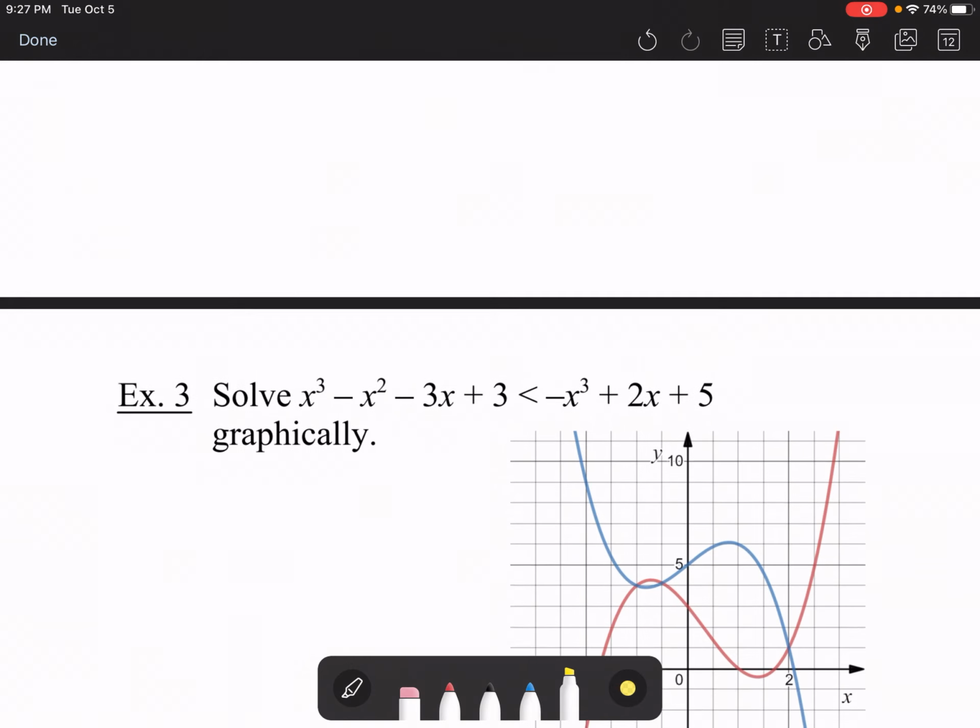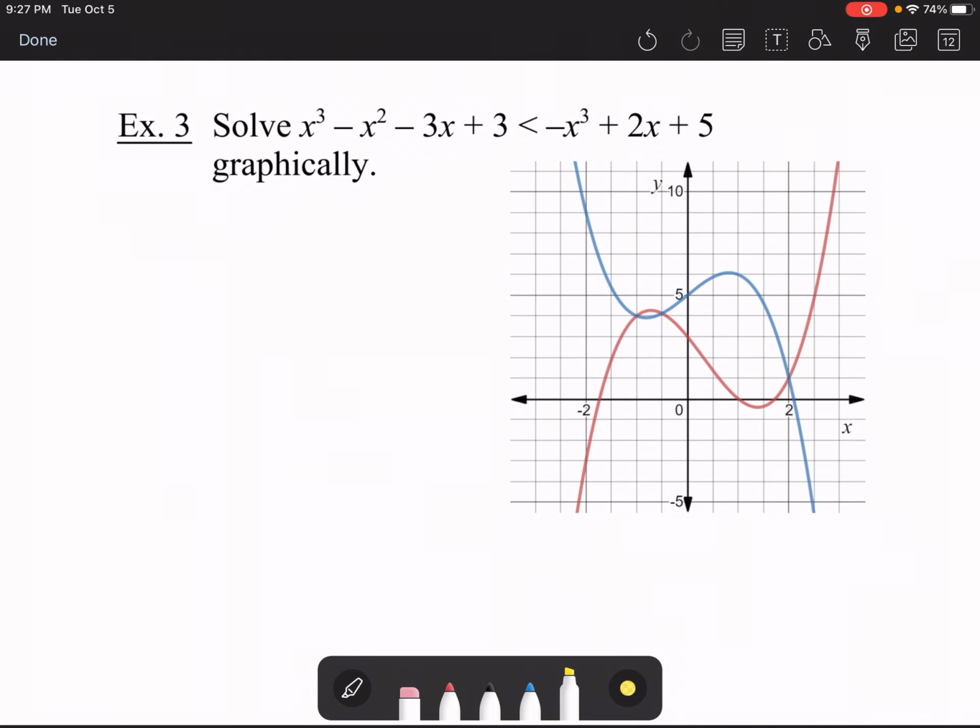Okay, so let's try one last problem. This one is a little bit easier as it is already given a graph for us. So we want to solve this graphically.